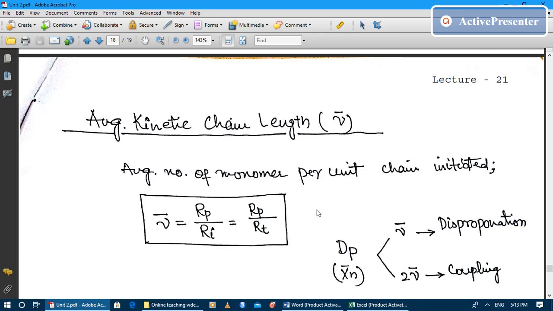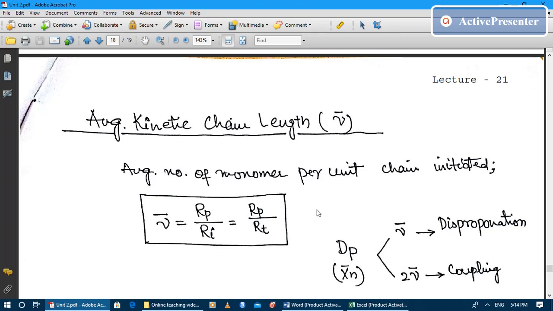Okay, so what is kinetic chain length and average kinetic chain length? Average kinetic chain length is the number of monomers per chain initiated. For example, let's say we have started with 1000 molecules of monomer, and 100 chains were initiated, meaning 100 free radicals were formed during initiator decomposition.